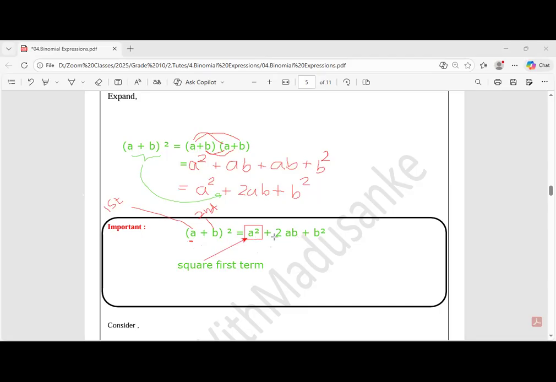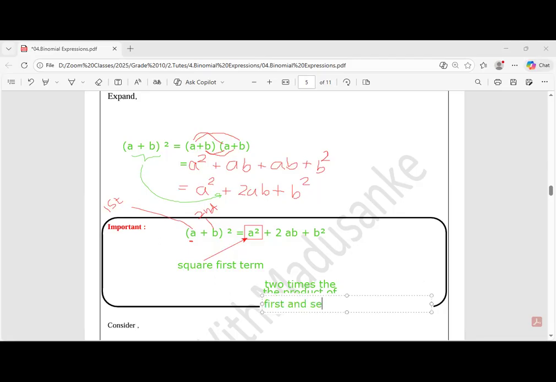Now, how we are going to obtain the middle term? By looking at that middle term, you can say, 2 times the product of the first and second term.